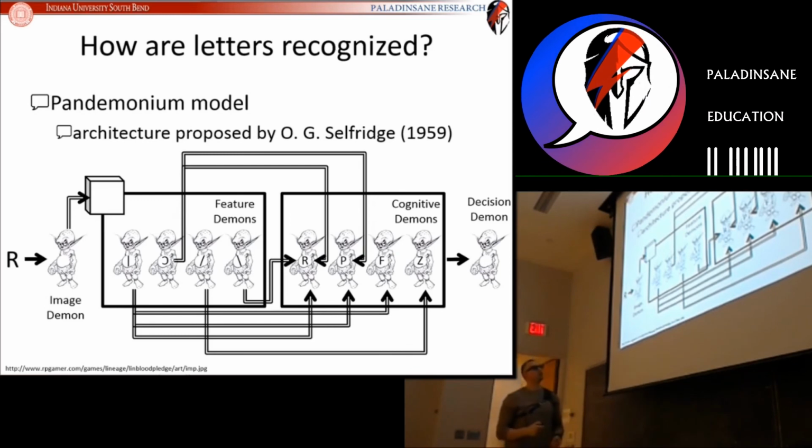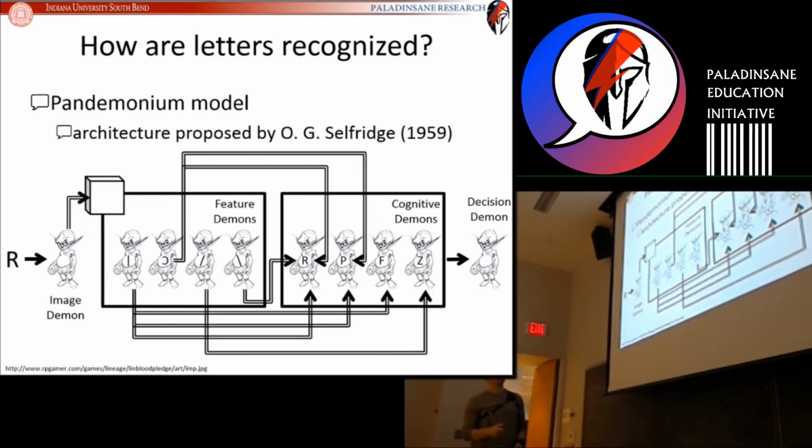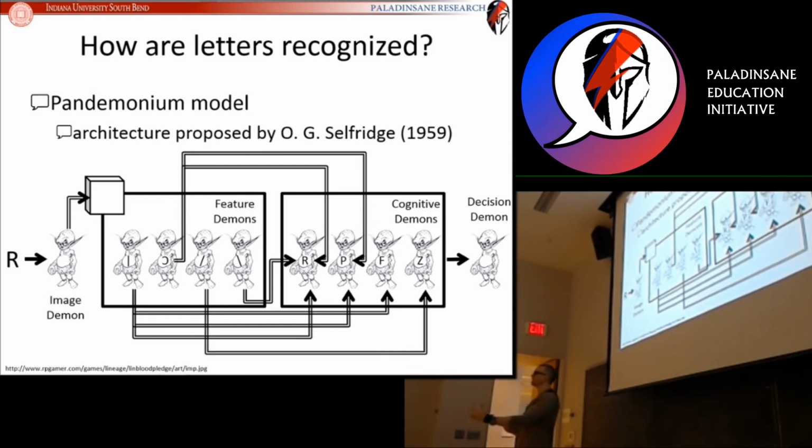Then you can take a look at this model and ask, what would cause those specific reading impairments? Is it that some of the feature demons are missing? Is it that the feature demons are connected to the wrong cognitive demons? Are some of the cognitive demons missing? Is it the fact that the TV is not bright enough, that it's impaired? All of these questions can lead you to the correct answer.